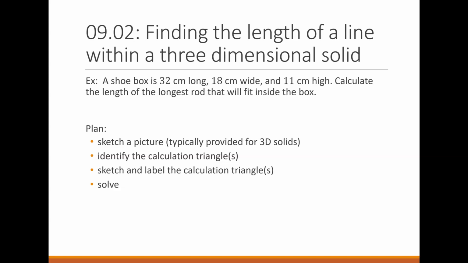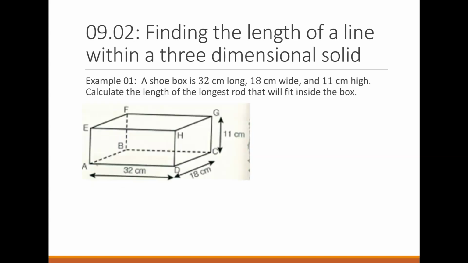So we're going to start by sketching a picture of what we need. We're going to identify a calculation triangle. We'll redraw that triangle off to the side and then solve the piece off of that right triangle that we need. So here's our box.